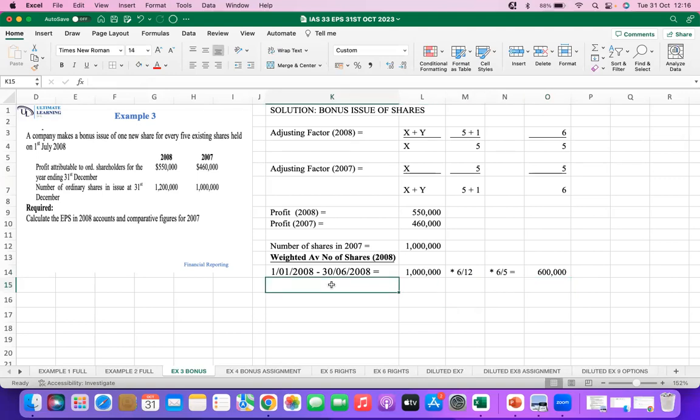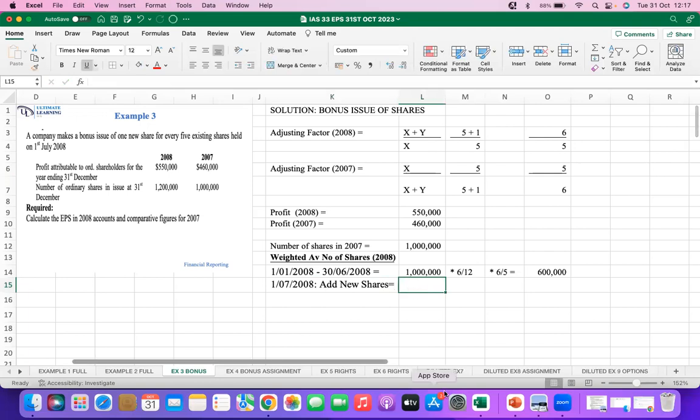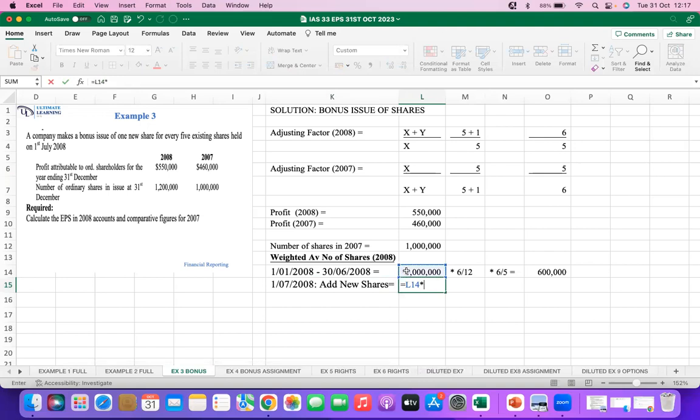And then on 1st July 2008, we introduced new shares. So add the new bonus shares. What were our new shares? Remember, it was 1 million, the current shares, times 1 for every 5.